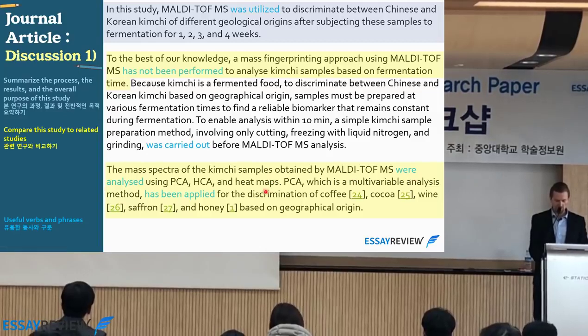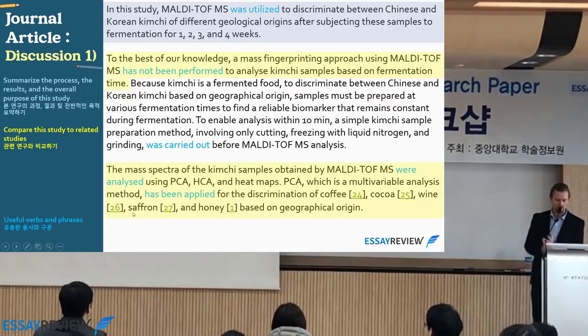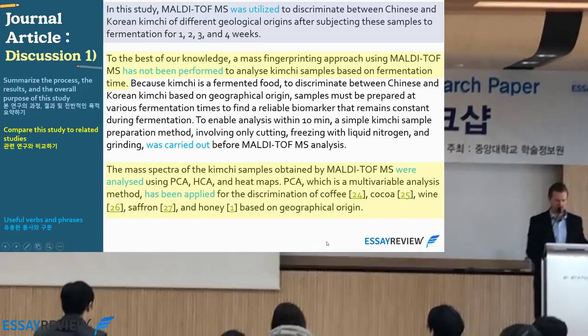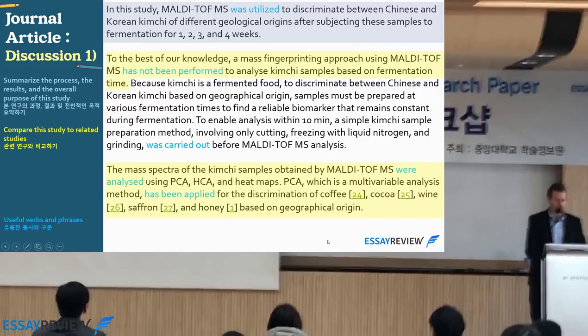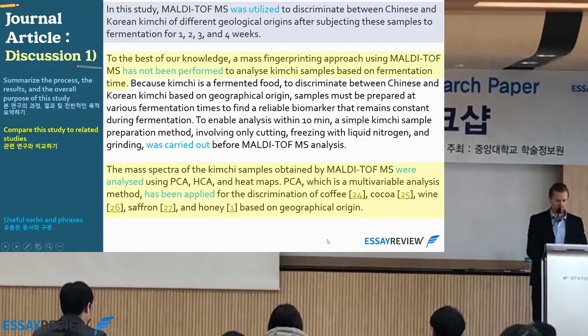PCA, which is a multivariable analysis method, has been applied for the discrimination of coffee, cocoa, wine, saffron, and honey. So you have all these other citations about how it can be used in other similar fermentation studies, other foods, other methods of discrimination. So, wow, your study could be important for a lot of foods. And this method has been used a lot of times, so it's a good, reliable method.